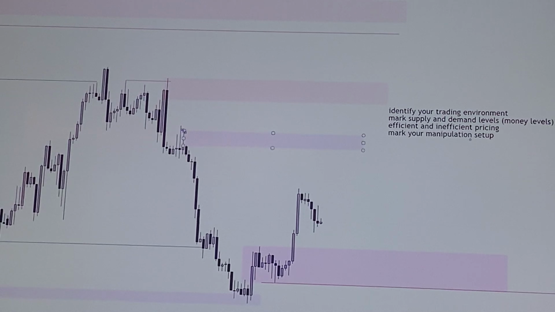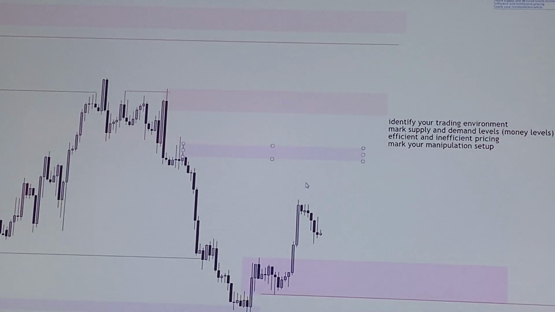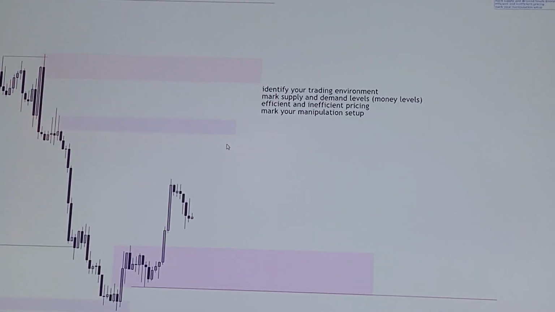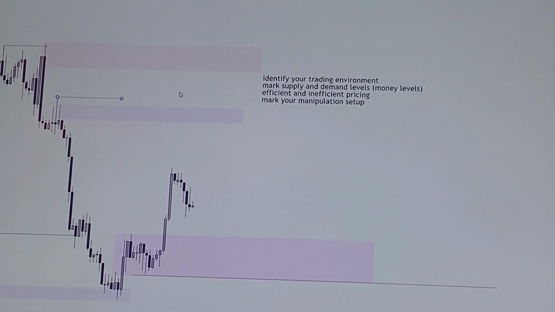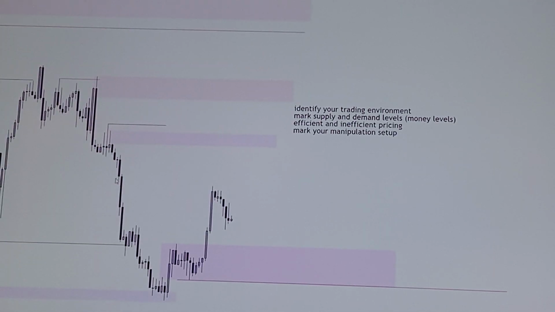Am I correct, guys? Yes, sir. Yeah, there is money here, and I also know that this here is liquidity. Why? It's my last high before this main high here. Okay, so now isn't this the last high before the main high?